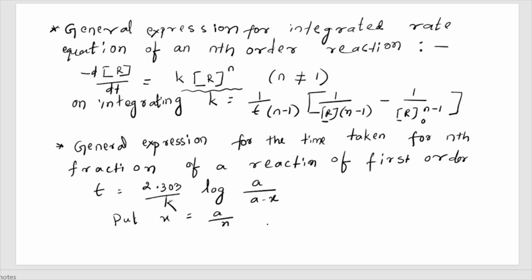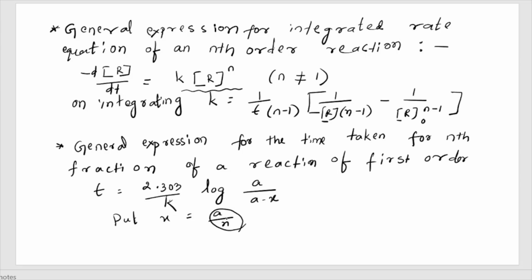To calculate for the nth fraction, you should write what is x. X equal to A by n. So this is the value where you can calculate the nth fraction of a first order reaction.